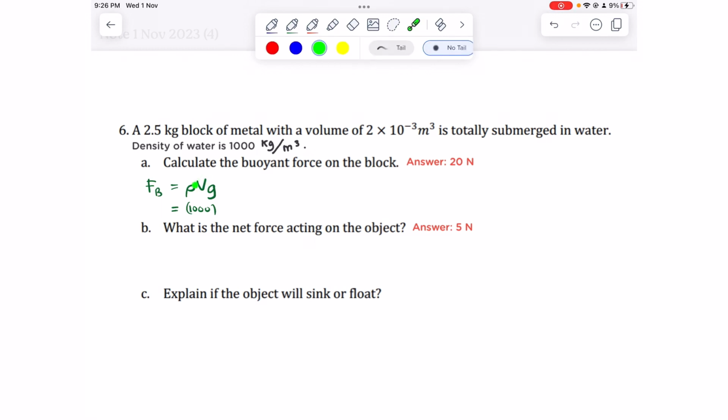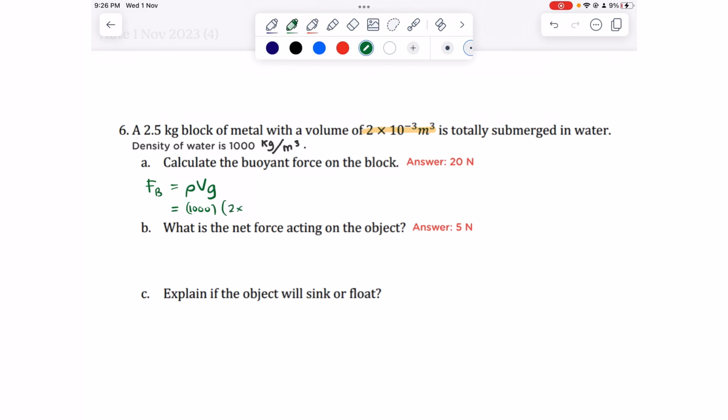And the volume here, since the object is totally submerged, the volume of the liquid displaced would be the volume that is given here, 2 times 10 to the power of negative 3 meter cube. So that is our volume.